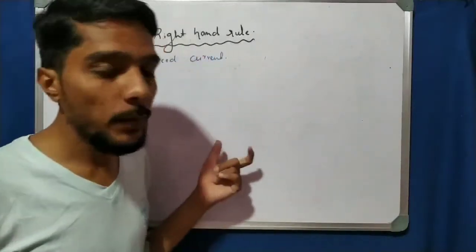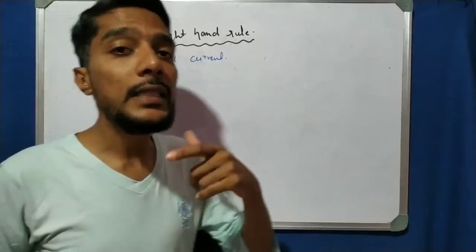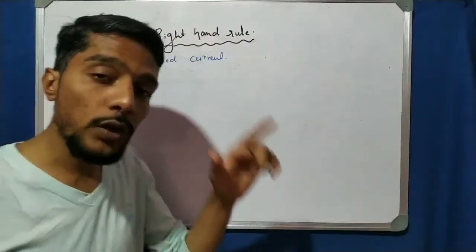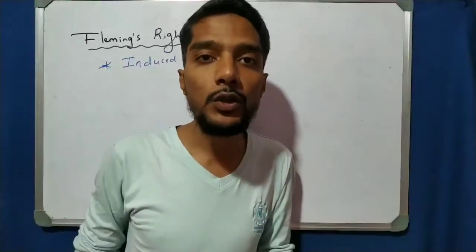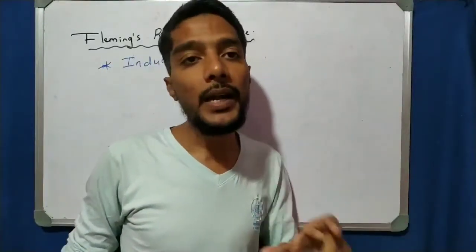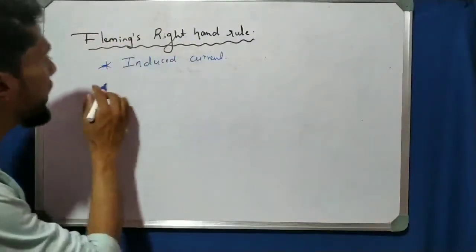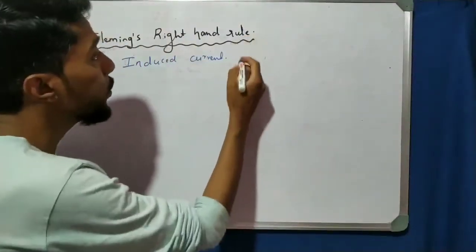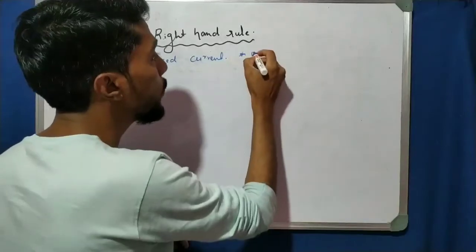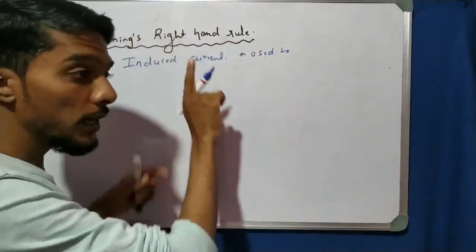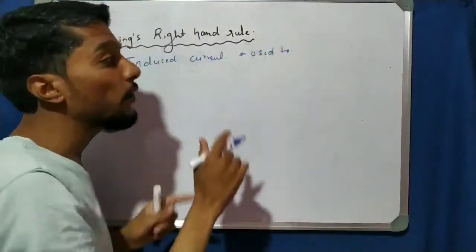In this law, we easily find the direction of induced current. We rotate the coil and current is produced by changing the magnetic field, and the direction of that current is decided by Fleming's right hand rule. Not to be confused: left is for motion of a conductor, right is for induced current.